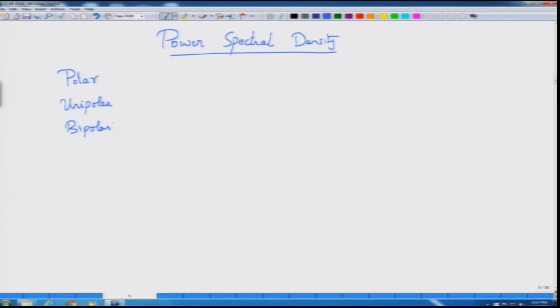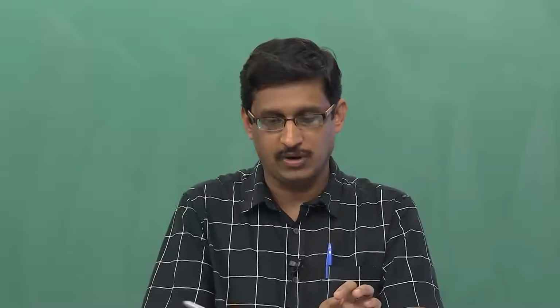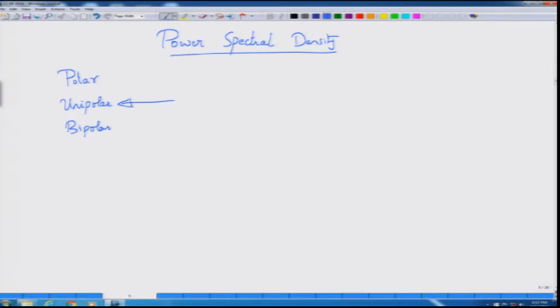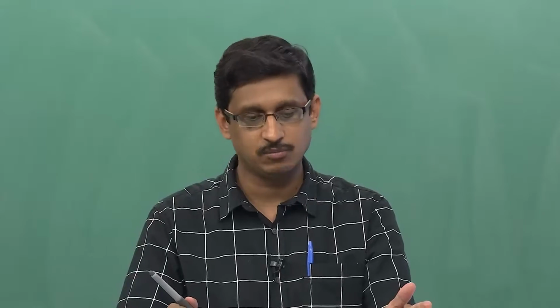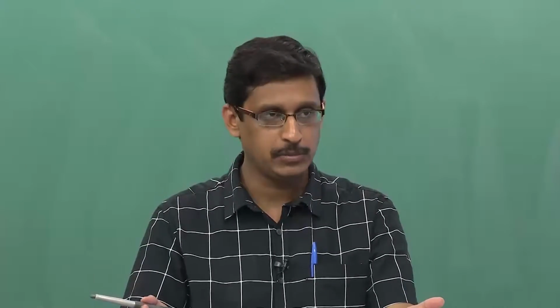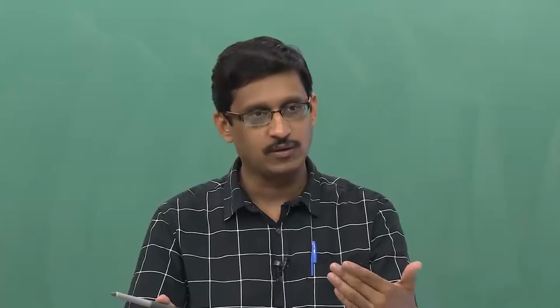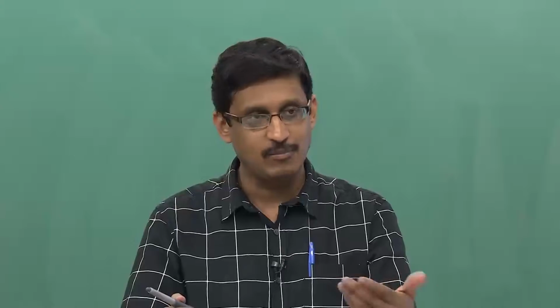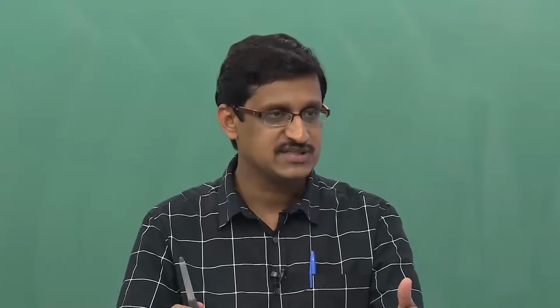If you are concerned with pulse shaping at the optics level, then you are pretty much going to use a unipolar format, because in the polar or bipolar format the signal amplitude could be positive or negative. If you are looking at intensity modulation, then you can't really have an optical power which is negative.